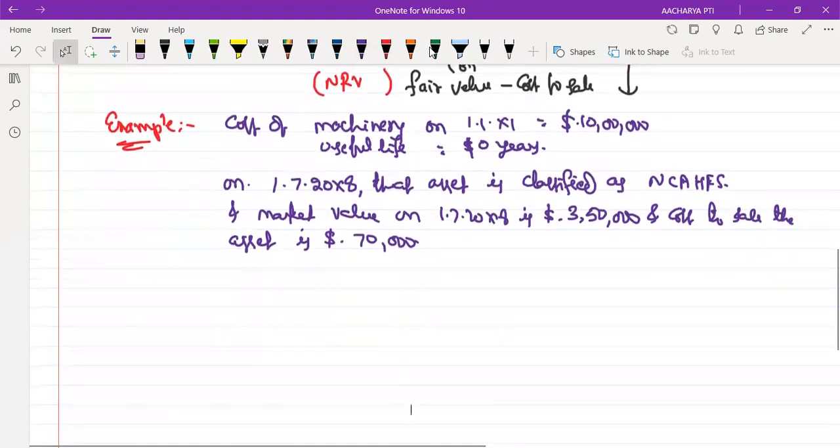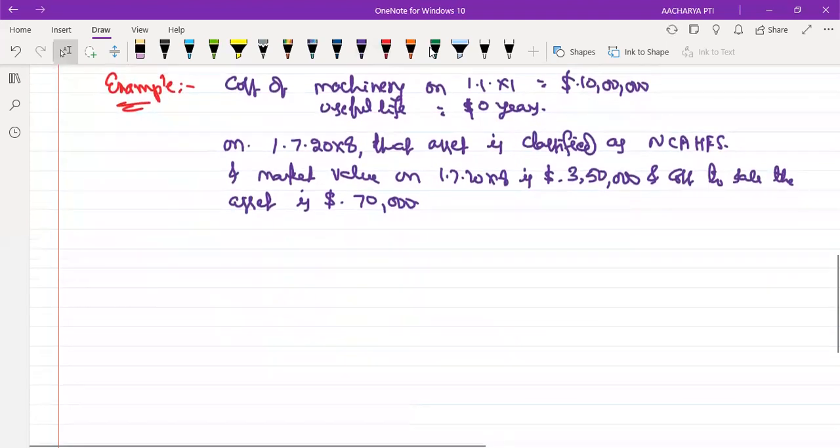Then at what price do we show the non-current asset held for sale?